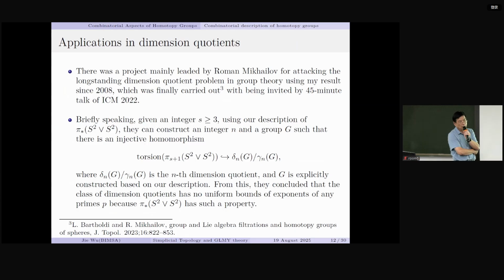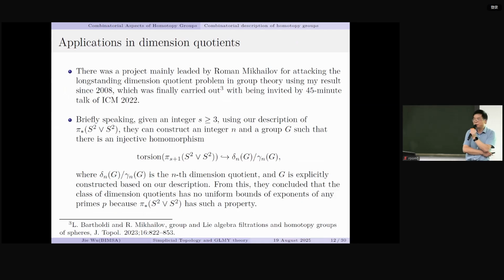And I think in 1935, Magnus showed that if it's a free group, this dimension subgroup coincides with the nth term of the lower central series of the group. And a lot of trouble happened in group theory. They believed that for any group these should coincide, including Magnus. Until the 1970s, when Rips gave a counterexample showing that the dimension subgroup is actually different from the lower central series.